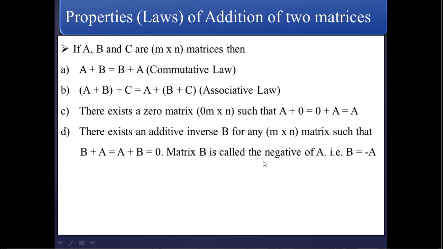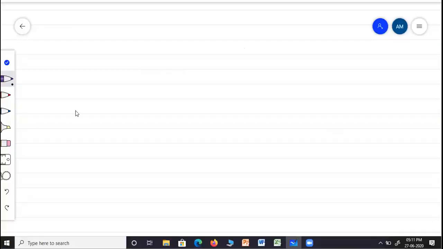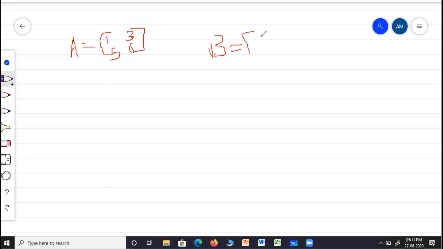How does it work? Let A be, for example, 1, 3, 5, 6, and B is equal to 3, 7, 4, and 2.